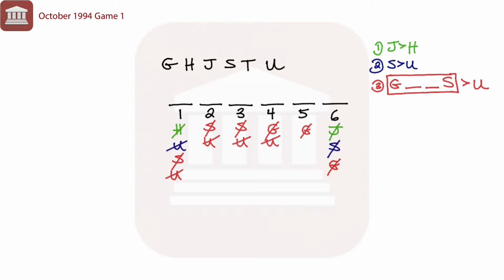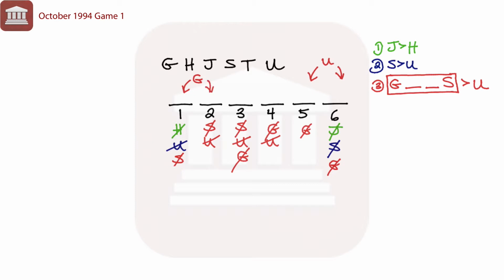So we know that Una is either going to be in 5 or 6. And then again, having Una appear after that box also tells us that G cannot be third, so G must be either first or second.